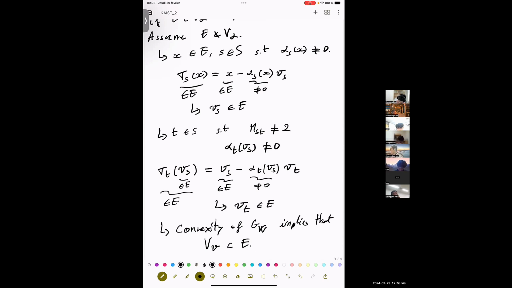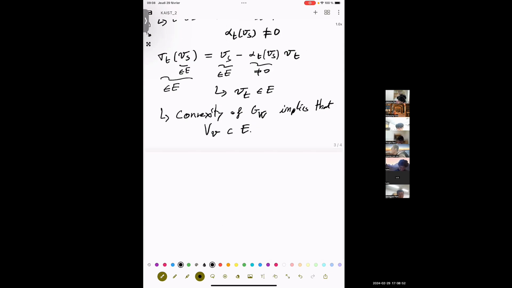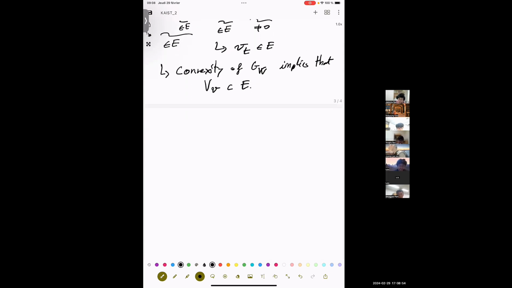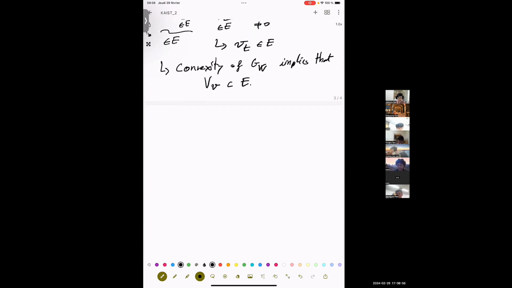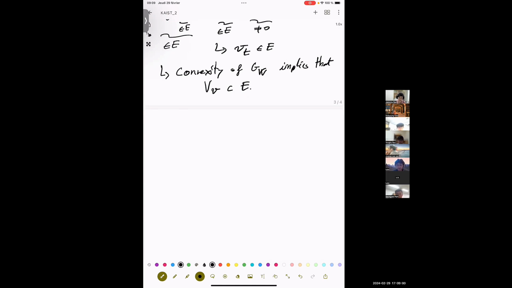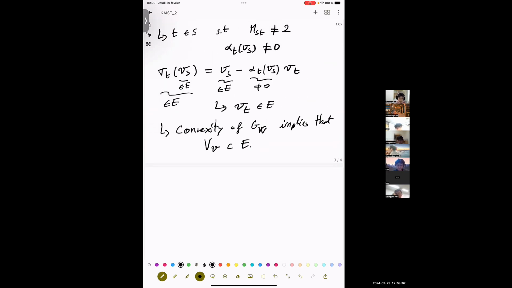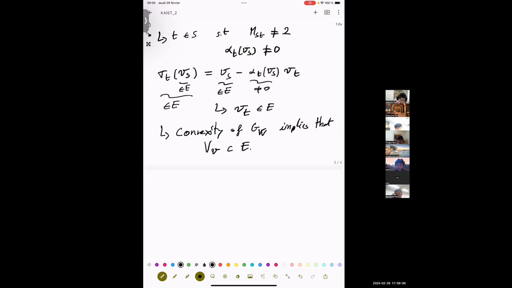You stop me if there is any question. Can I ask a question? Yes. In the Coxeter diagram, there might be two vertices that are not joined by an edge, but that means that m_st is 2, isn't it?